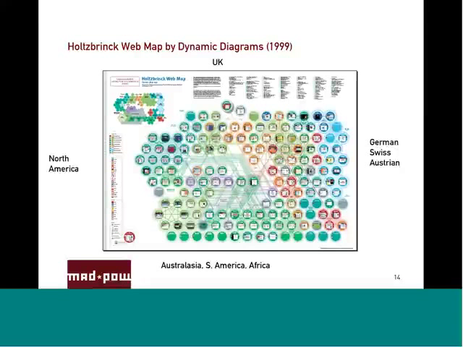At the time, they had 150 websites, and we presented this as a linked node diagram where each of the nodes is a website, which is organized by the company that it was part of, but we needed some kind of an overall orientation, so we put the North American companies on the left, the Western European on the right, the Australia and South America and Africa on the bottom, the UK more or less in the center, and this gave some kind of a familiar way for the imagination of the user to read the map.